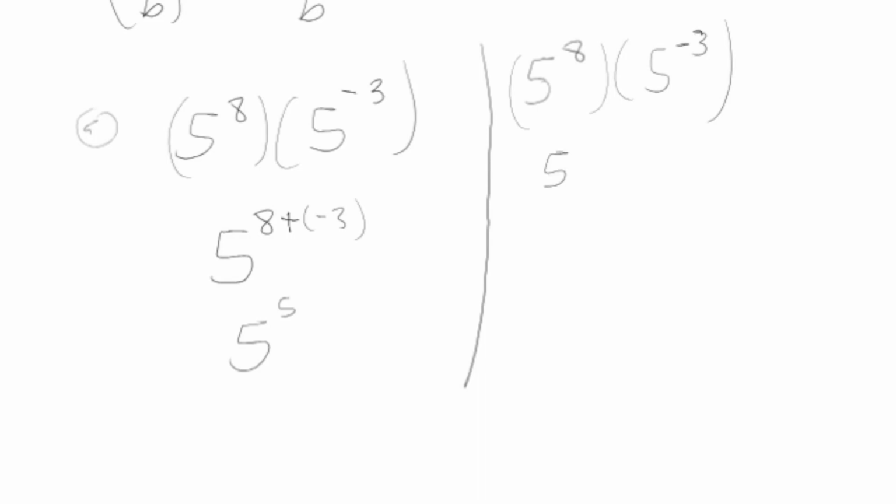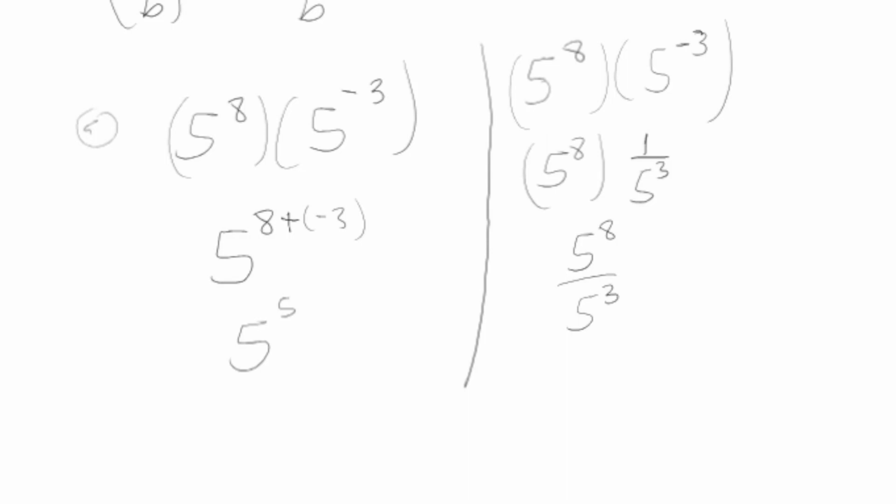So this one could give us 5 exponent 8 times 1 over the positive exponent, 5 exponent 3. So this one is going to give us 5 exponent 8 divided by 5 exponent 3.